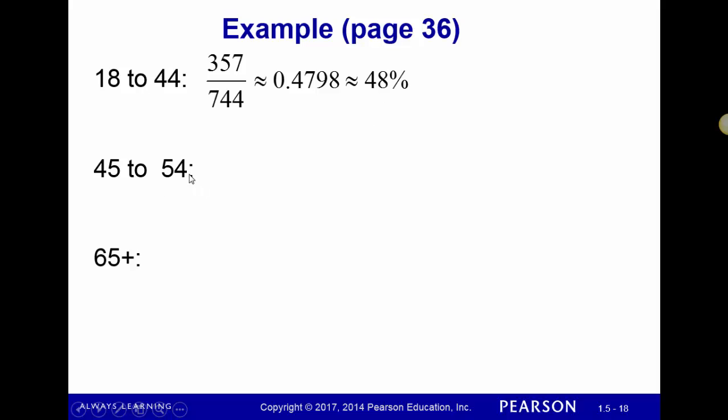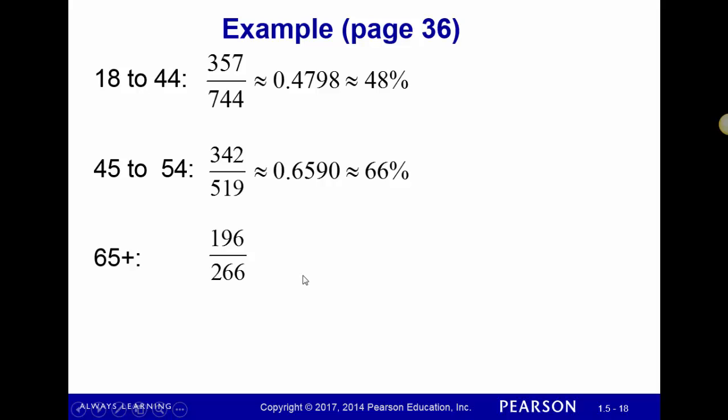In the 45 to 54-year-old group, there were 519 respondents, and of those, 342 said they drink at least 1 cup per day, which is about 66%. And in the 65 plus group, we had 196 out of the 266 who responded, and that is approximately 74%.